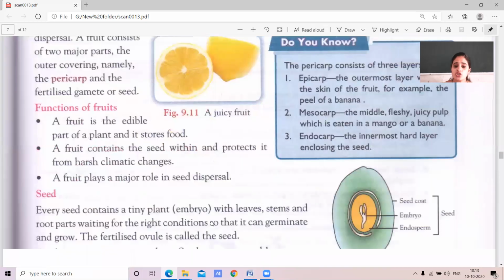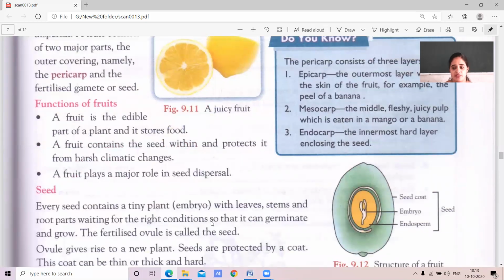Yes. What is the function of this fruit? The fruit is an edible part. Everyone will eat this one. It is the part of a plant that stores the food, the carbohydrates or some other nutrients in it. So everyone will eat the fruit, which acts as an edible part of the plant.